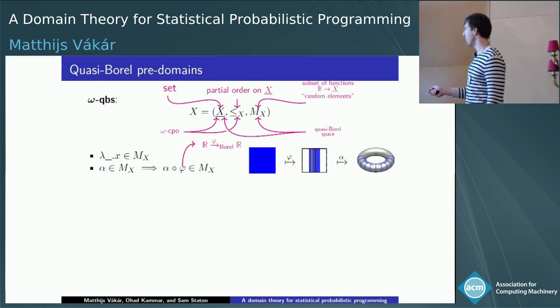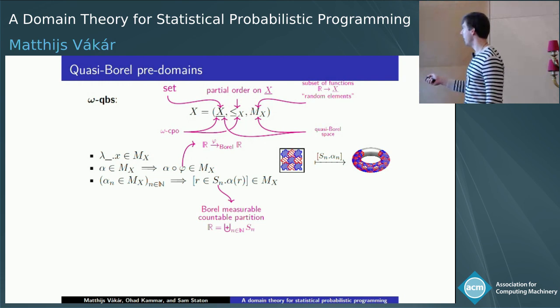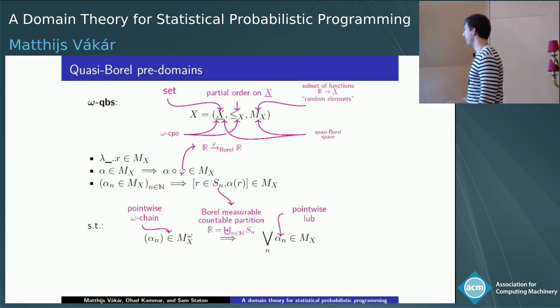We can measurably rearrange random elements with measurable functions from the reals to the reals. We can take measurable countable case distinctions of random elements, and we're still a random element. And on top of this, we put just one compatibility condition between the domain structure and the quasi-Borel space structure. And that is that if we have a pointwise omega chain of random elements, we can take the pointwise supremum, and we're still a random element.